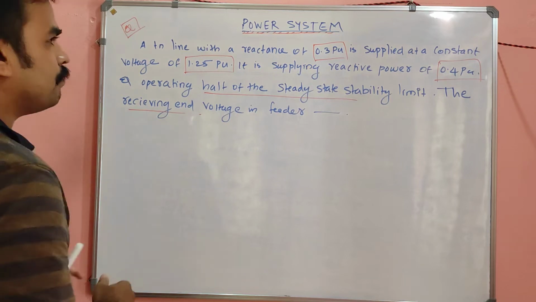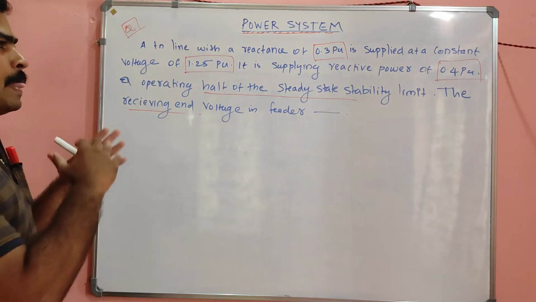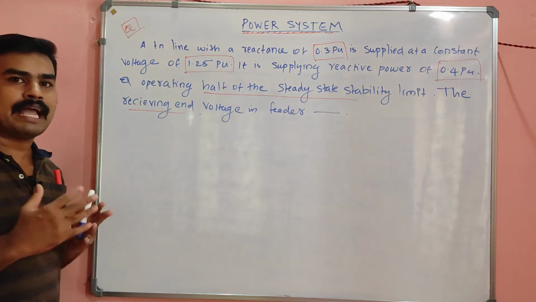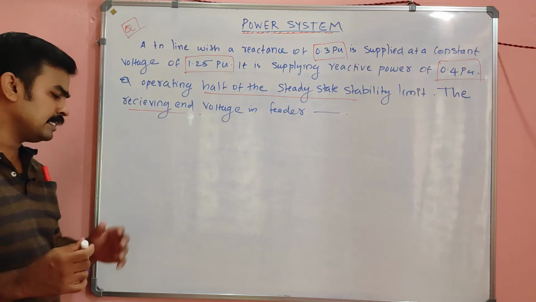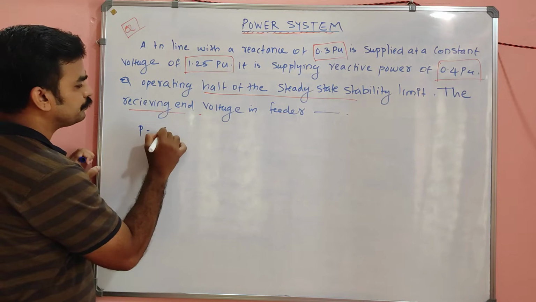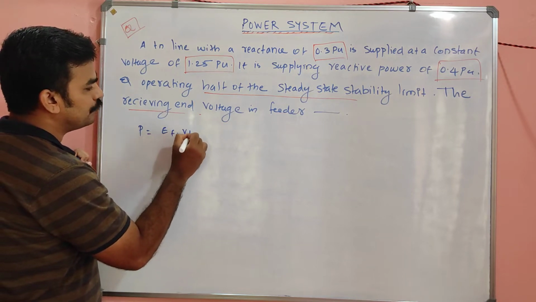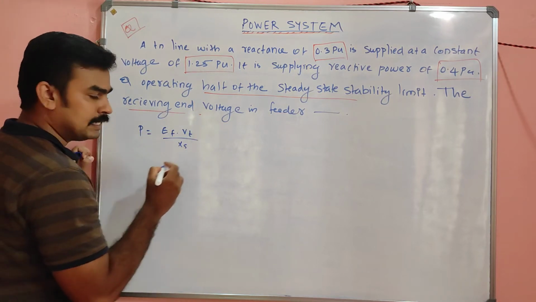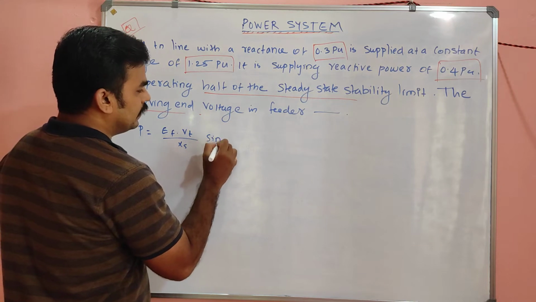For every problem regarding stability, whether they mention active power or reactive power, the basic equation we use is P equals EF into Vt divided by Xs sine delta.